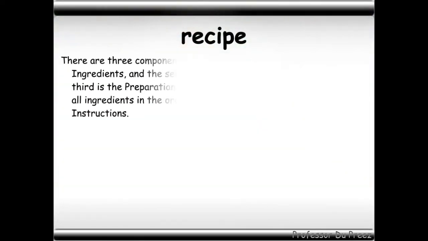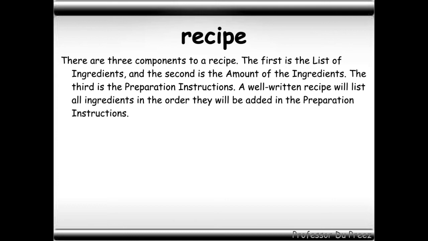Recipe. There are 3 components to a recipe. The first is the list of ingredients, and the second is the amount of the ingredients. The third is the preparation instructions. Even a recipe has instructions that need to be followed.